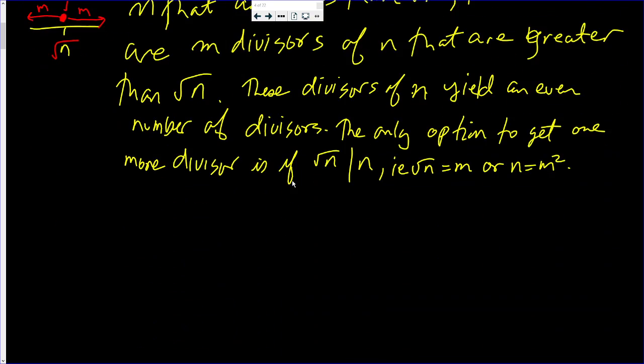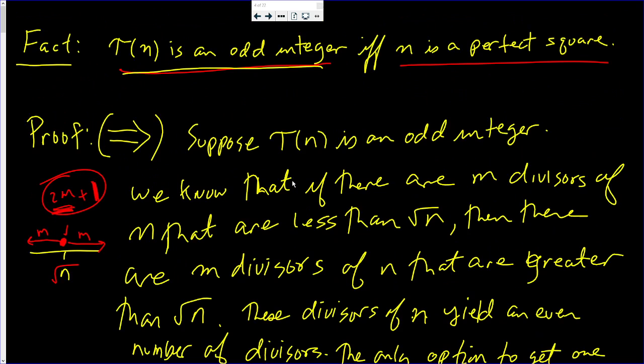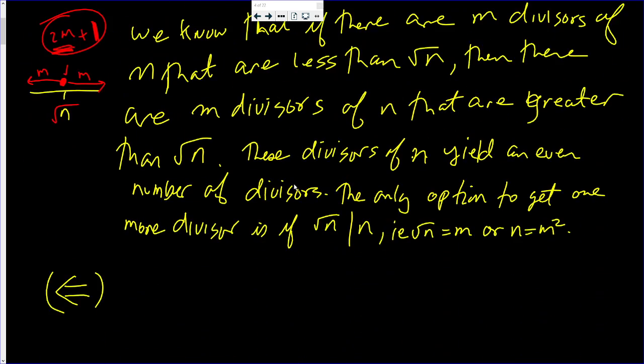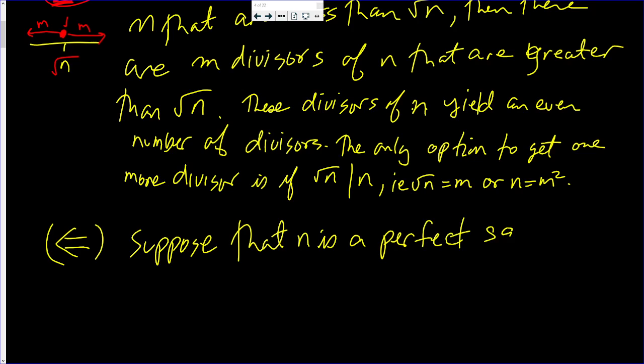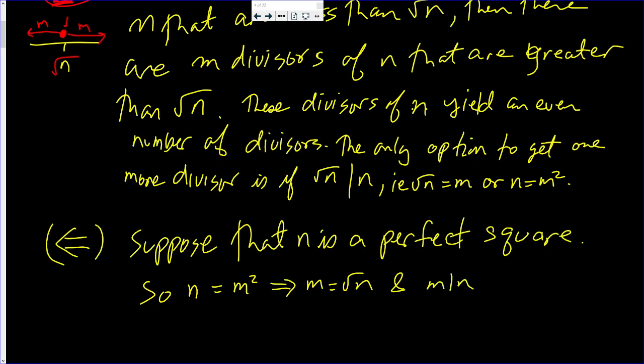Okay. Now, to go the other way, I don't see much different in the proof. Suppose that n is a perfect square. So n is equal to m squared, which implies that m is the square root of n and m divides n.